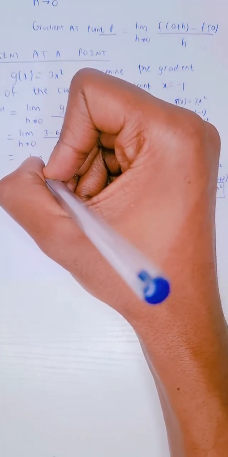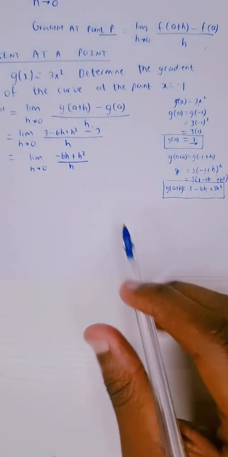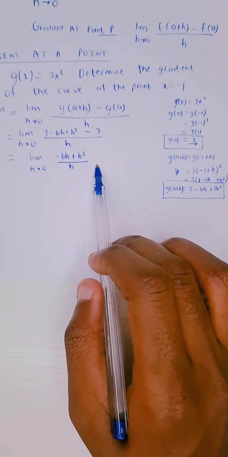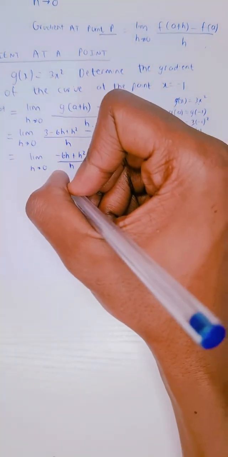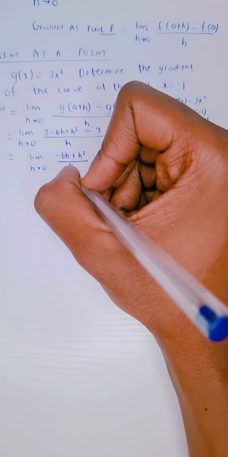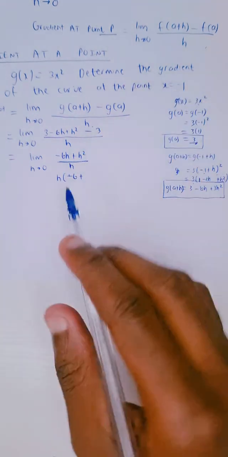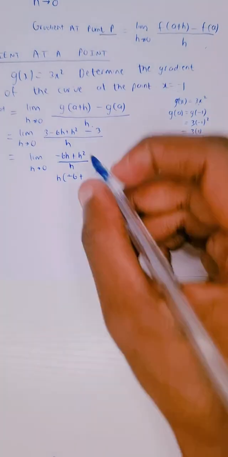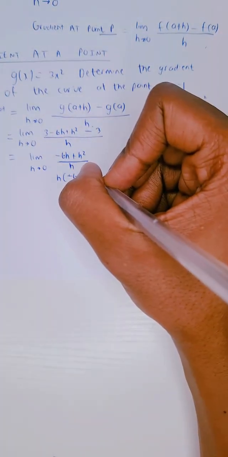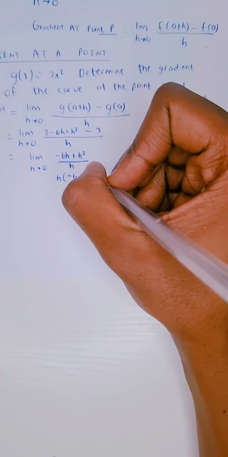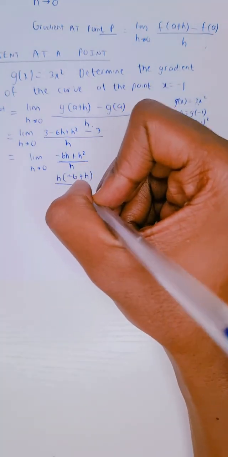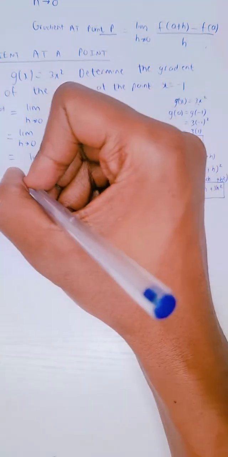The limit as h approaches 0 of negative 6h plus 3h squared over h. Deliberately take out the h and leave everything else as it is. The h and the h cancel.